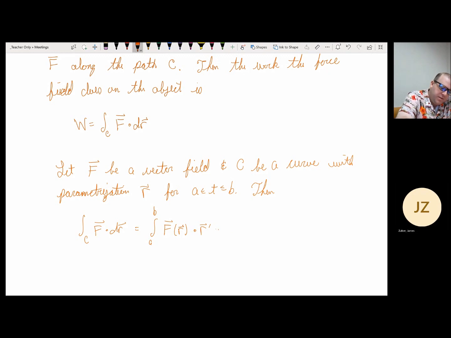Do the RT. Very similar, except now instead of dr being the magnitude, dr is the derivative of the parameterization, dt. And now we take a dot product.